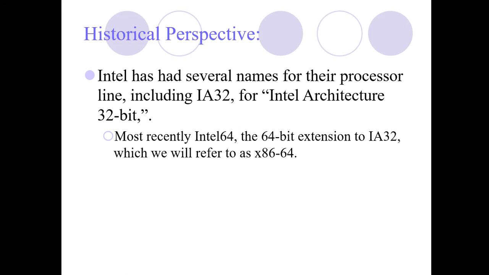Now, historical perspective. Intel has several names for its processor line, including IA32, that is Intel architecture of 32-bit. Most recently, 64-bit architecture is used, which is the extension of 32. Normally we refer to it as x86-64.